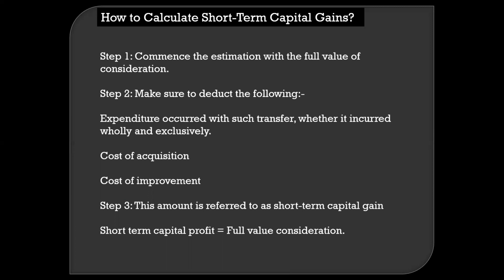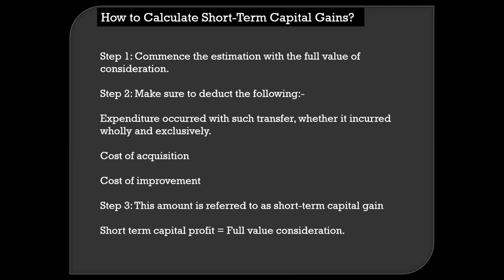So, to calculate short-term capital gain, first we have to start with full value of consideration. Then we have to deduct expenditure incurred wholly and exclusively in connection with such transfer, cost of acquisition and cost of improvement. We have to deduct all three things from the full value of consideration.